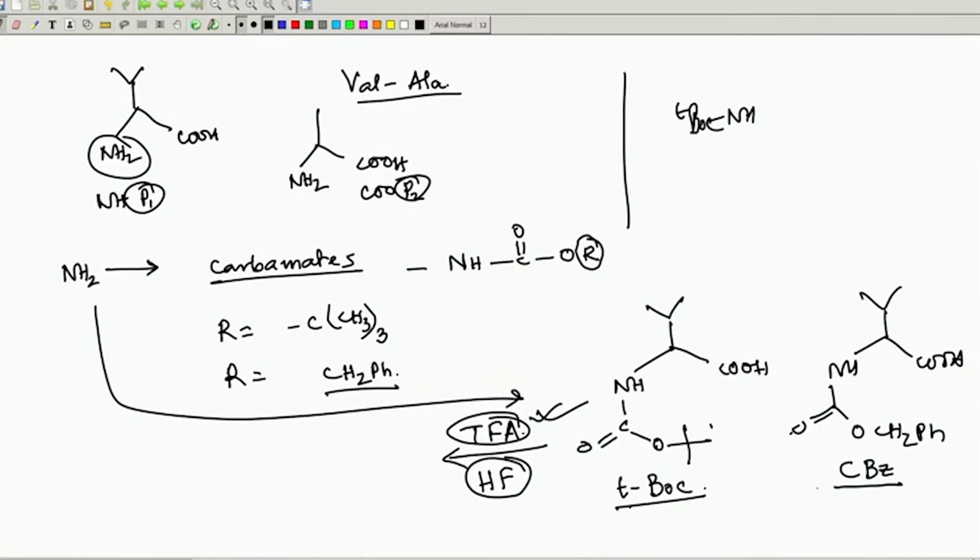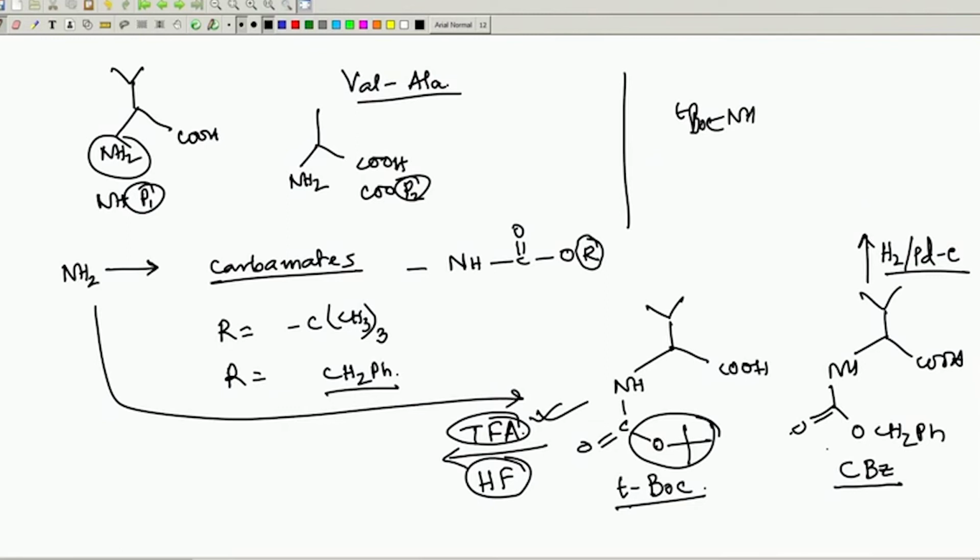So, the T-butyl comes off with TFA, and the CBZ comes off, that means this whole group comes off, if you treat it with hydrogen using palladium charcoal. That means one comes off under very neutral conditions, and another comes off with TFA.